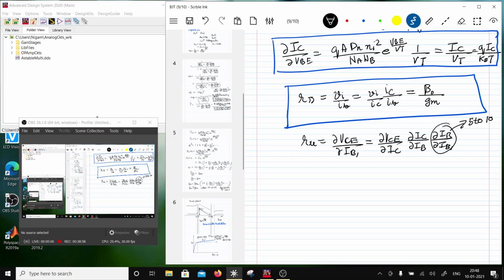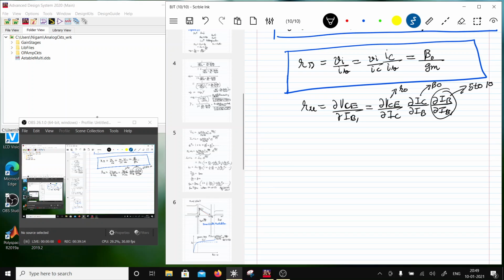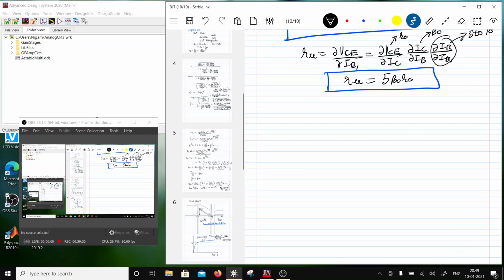And this one, IC by IB, is going to be beta 0, and dou VCE by dou IC is going to be RO. So R mu is equal to 5 to 10 times beta 0 RO. Okay, so that is going to be R mu, and then C mu is the parasitic capacitance.